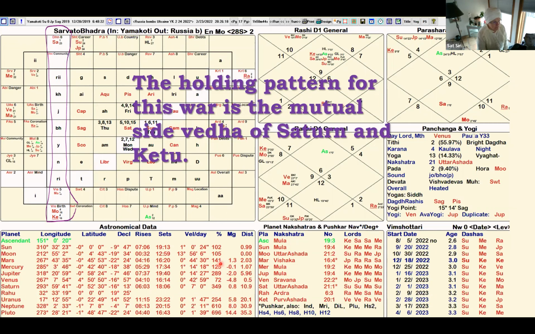Mangal is at 141%, so 120 is the cutoff. So above 120, it's got a forward Veda. Below 120, it's got a side Veda. So in this chart, Saturn only has 72%. So it will have a side Veda, not a forward Veda.